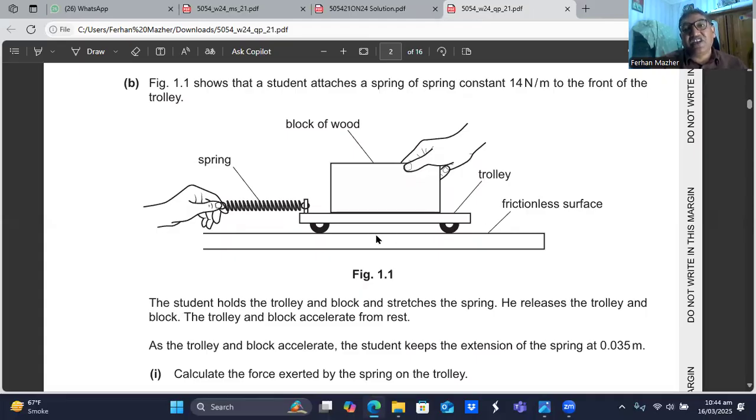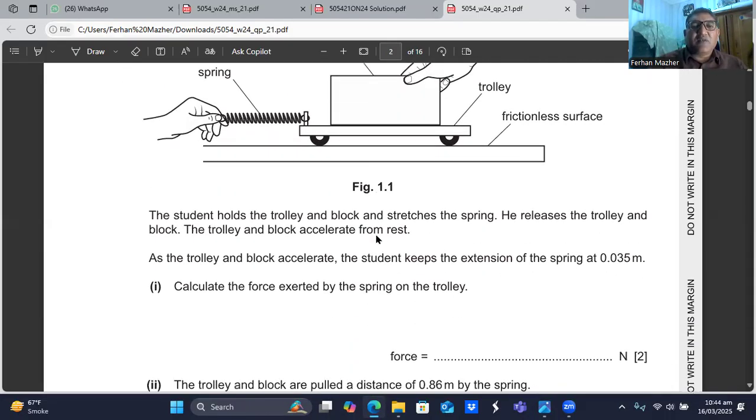This surface is frictionless. The student holds the trolley and block and stretches the spring. He releases the trolley and block. The trolley and the block accelerate from rest. As the trolley and block accelerate, the student keeps the extension of the spring at 0.035 meter.